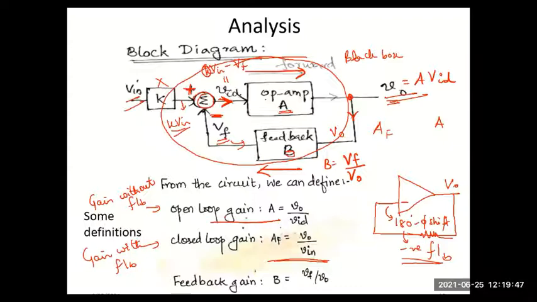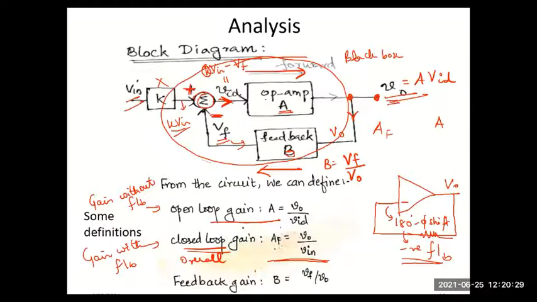We defined the open loop gain of the op-amp, A, as the output of the op-amp divided by the input to the op-amp, V0 by VID, whereas the closed loop gain, or overall gain, of the complete feedback amplifier is the final output voltage V0 by the actual applied input voltage Vin. See, the input we are applying is Vin and the final output is V0. So V0 by Vin is known as closed loop gain.